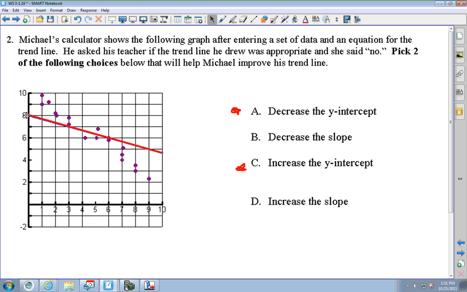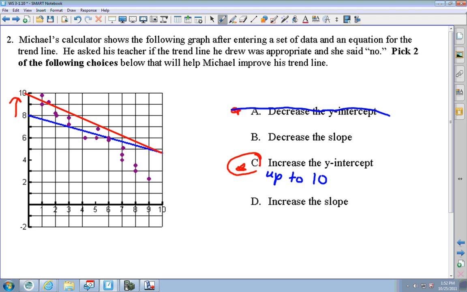Right here on the y-intercept, if I move it up from 8 to 10, I'm going up. So I'm increasing my y-intercept up to 10. So this is not the right choice.